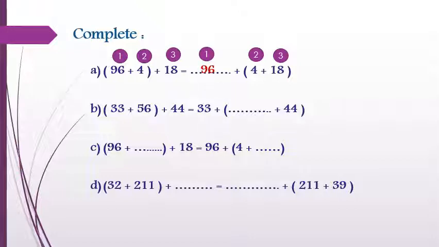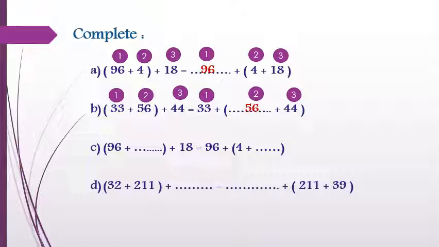Letter B. 33 plus 56 plus 44 equals 3 plus what plus 44. Also write 1, 2, 3 on each side. Number 2 is missing, so look at the left side. Yes, number 2 is 56, so the missing number is 56.